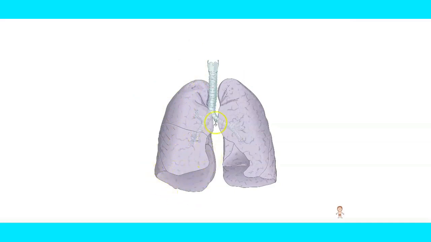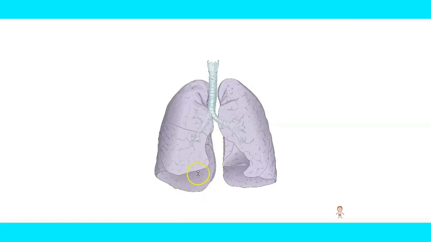The anterior border is usually separating the costal surface from the mediastinal surface anteriorly, while the posterior border separates the costal surface, which is not obviously seen yet in this area, from the mediastinal surface posteriorly. This posterior border is here.